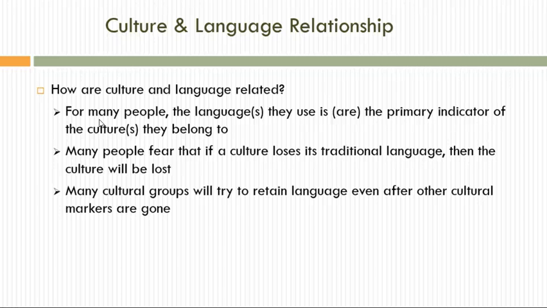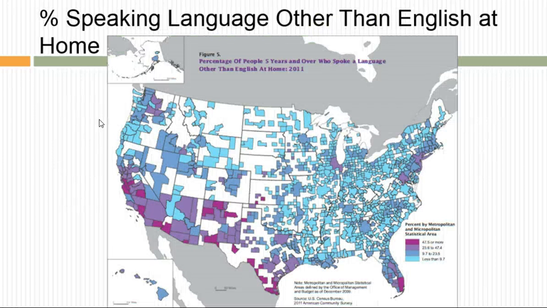And there's a fear that if you use another language more, then you lose your own culture. And so lots of cultural groups try and retain their own languages even after any other cultural markers are actually gone, right? And here's a nice map that I like. In 2011, these are the percentages of people who were speaking a language other than English at home.